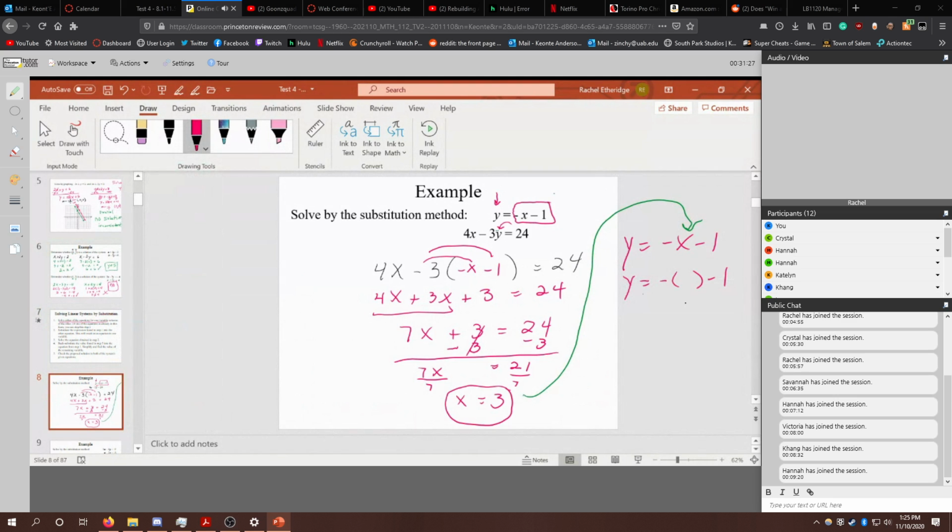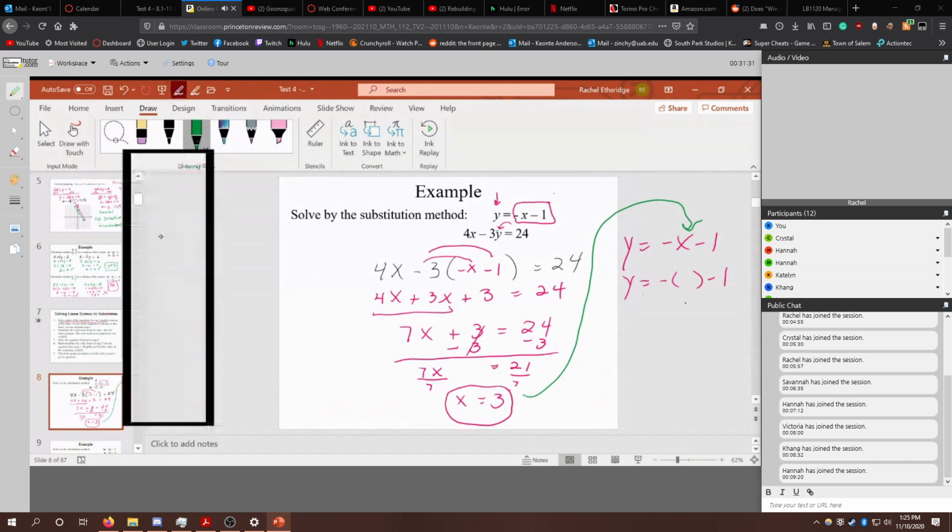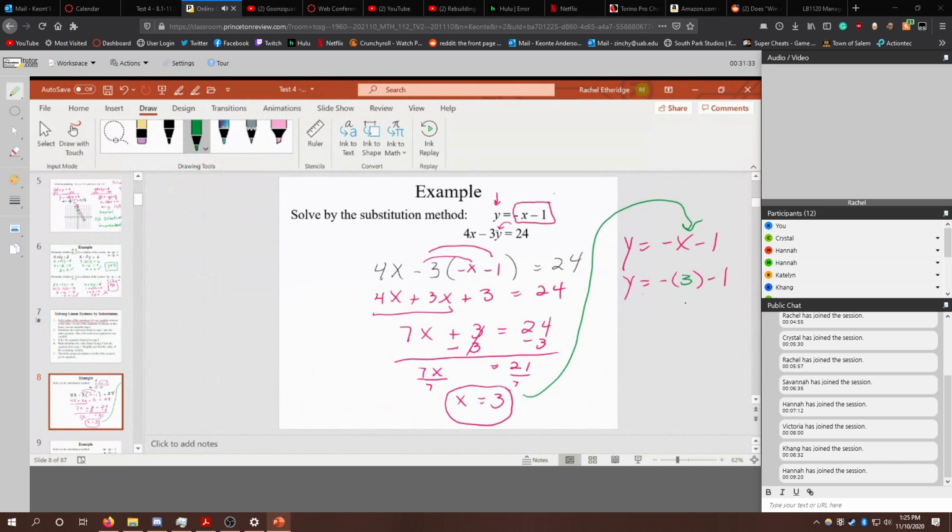So I'm substituting the 3 in place of x. So I get y equals negative 3 minus 1, y equals negative 4.